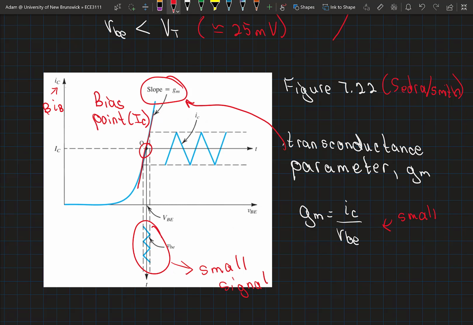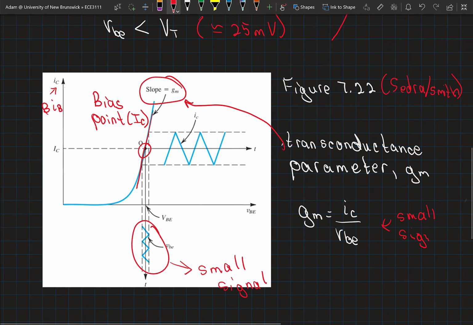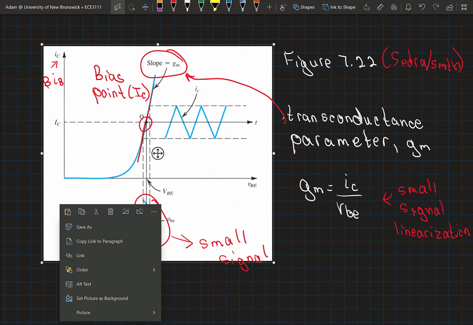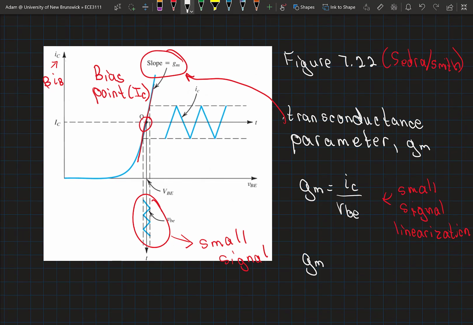And if you look back at our analysis of the transconductance parameter when we were looking at diodes, we worked our way through to show that this transconductance term at our operating point can be found by the collector current, or in the case of the diode, the diode current at our bias point, so that large signal current divided by our thermal voltage.